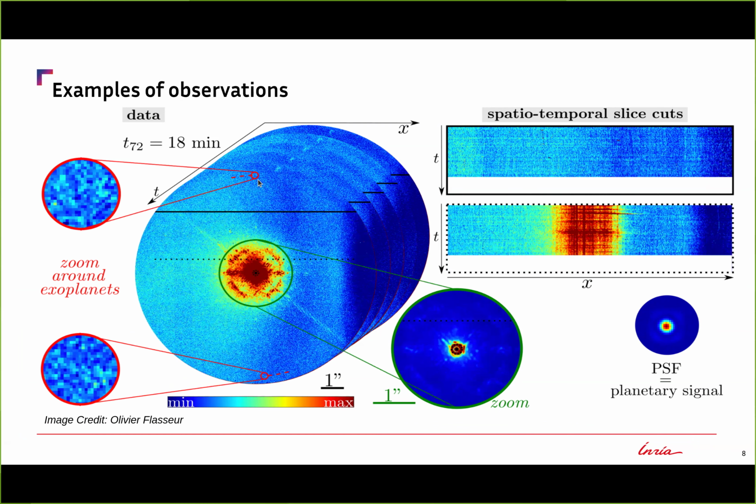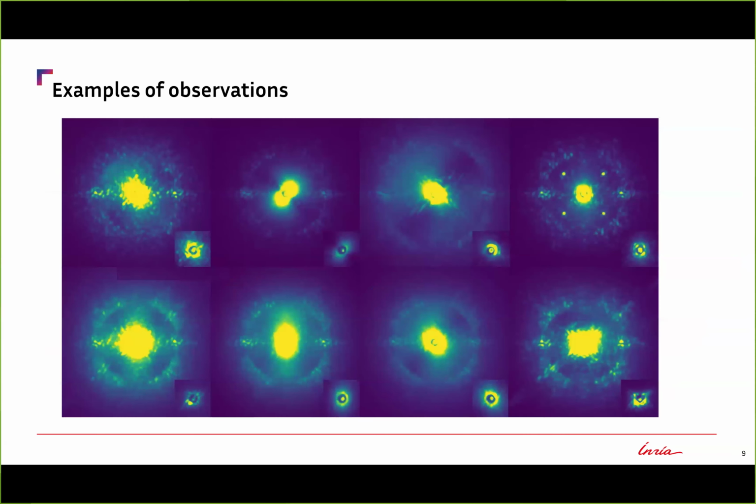Here we can see that there is an exoplanet, but it's very faint. It's hidden in the noise of the image. But when you combine a temporal series of images, you are able to lower the noise, and the signal of the exoplanet will appear more clearly. When you take observations this way, this is the kind of data that you have.